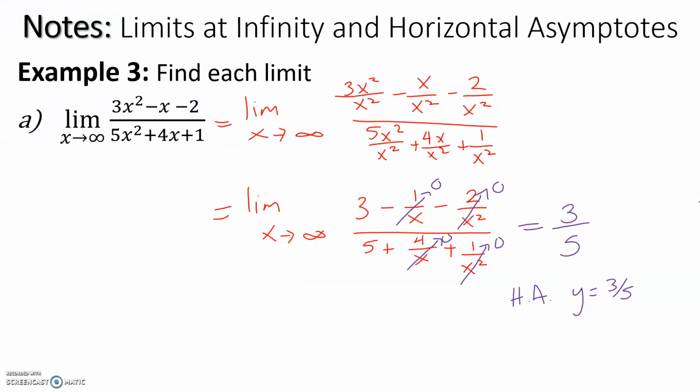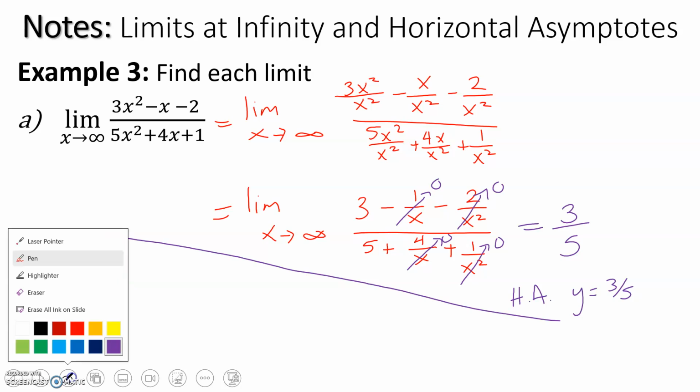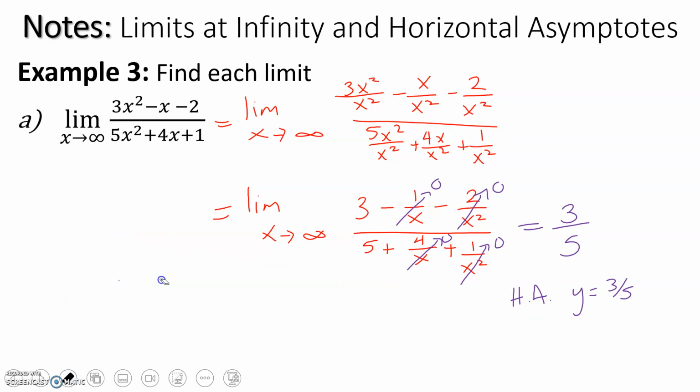Now, if we follow the same idea and we approached it from the other side, which we're not actually going to right now, but if we did, you would notice in the graph that it also has a horizontal asymptote in the other direction at that same value. All right, this is what it looks like graphically.